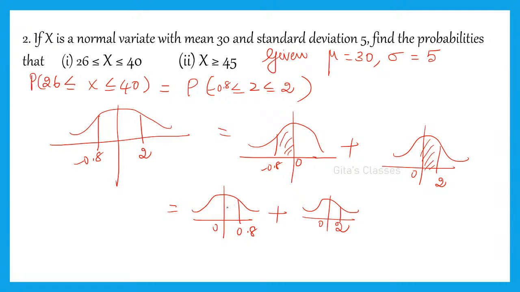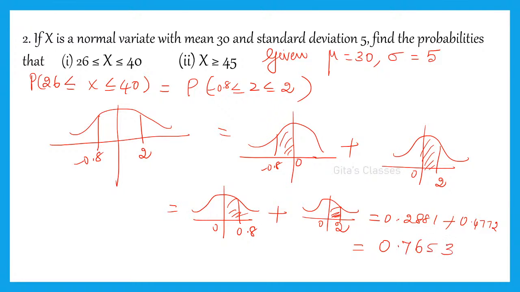So this area and this area, values are 0.4772 plus 0.2881. I think 0.2881 is for 0.8 and 0.4772 is for 2, which is equal to 0.7653.